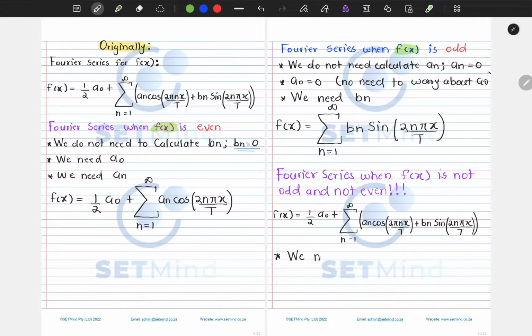It means we need to calculate our a0, we also need to calculate our an, and we also need to calculate our bn. So once our function is neither odd nor even, we need to look at the totality, or the original expression or definition, of our Fourier series.